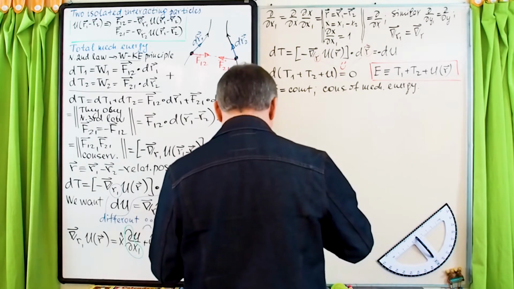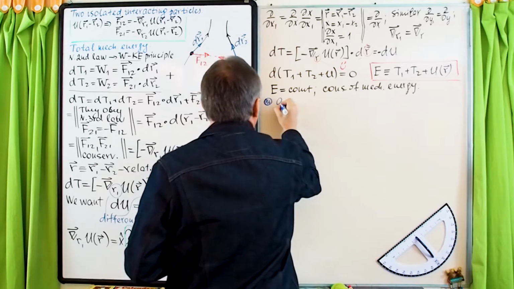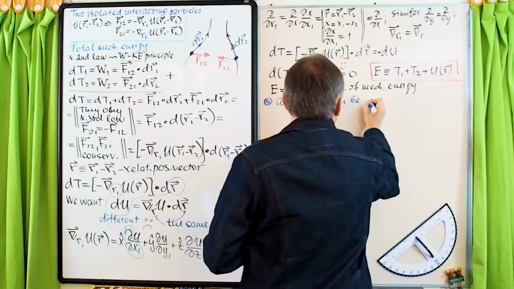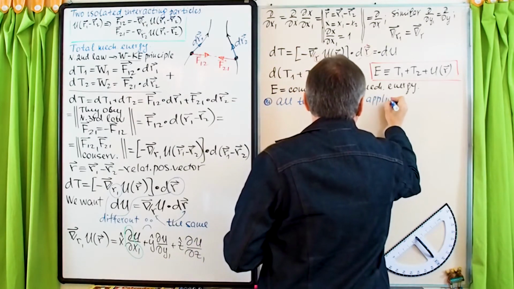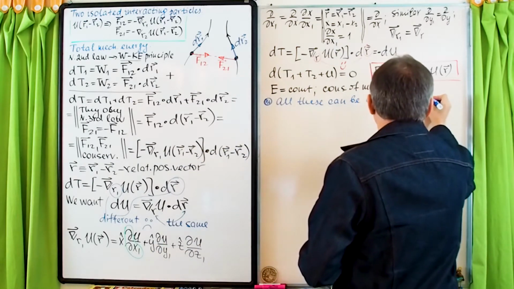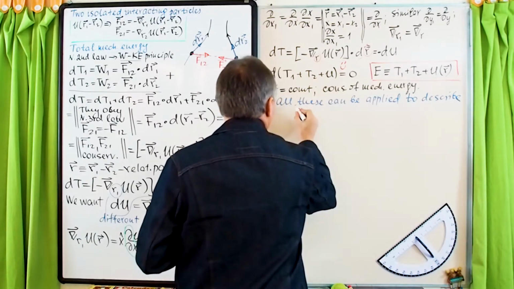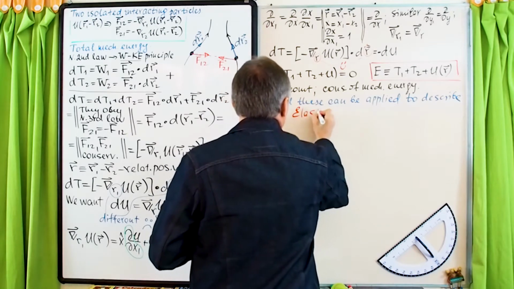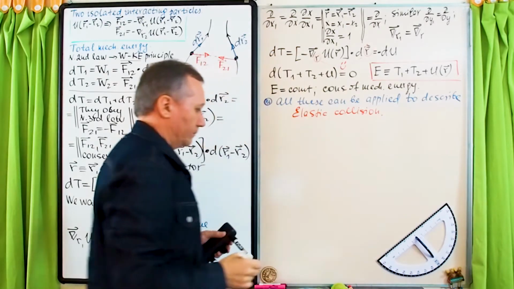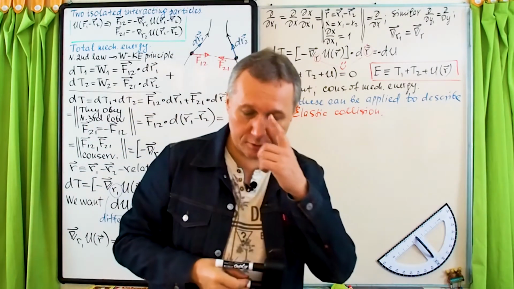Let me put a new bullet and write: all this can be applied to describe an elastic collision. Basically, a collision of objects where there is no loss of energy.